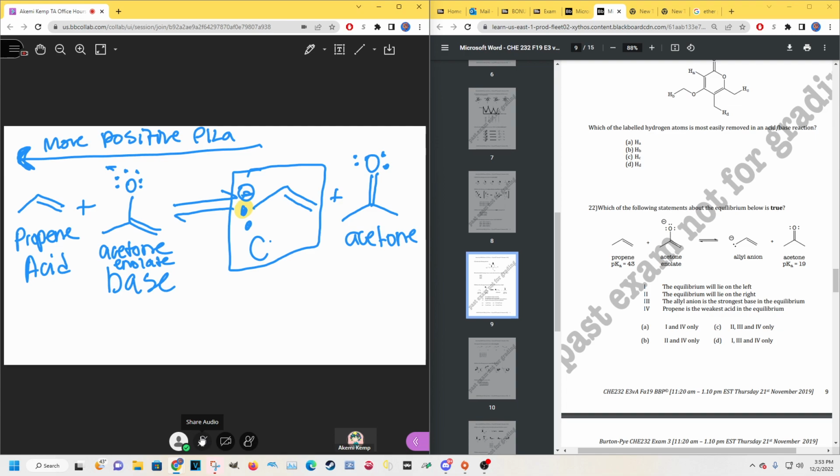But when it comes to figuring out which is the strongest base, remember the electron lone pairs that fall on the least electronegative atom will always be the most basic because they're more reactive. We do have a negatively charged electron pair on a carbon, which is definitely the least electronegative atom. That's what makes it a very strong base.